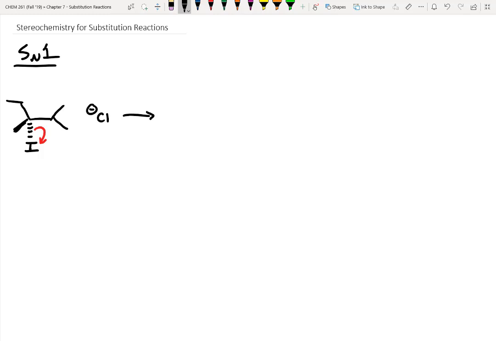When we do this, what's going to happen is something kind of unique. So this carbon that was attached, I'm actually going to draw out like this, has changed during this process. We know that it is a carbocation, obviously, but let's think about the hybridization. In the beginning, what was the hybridization?